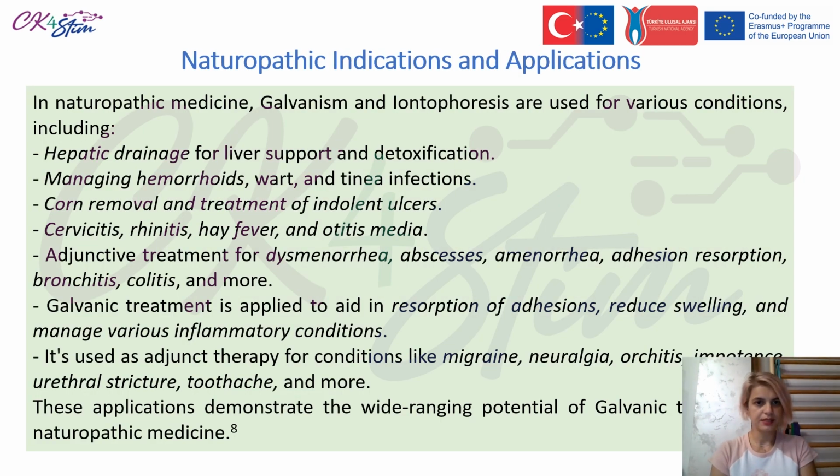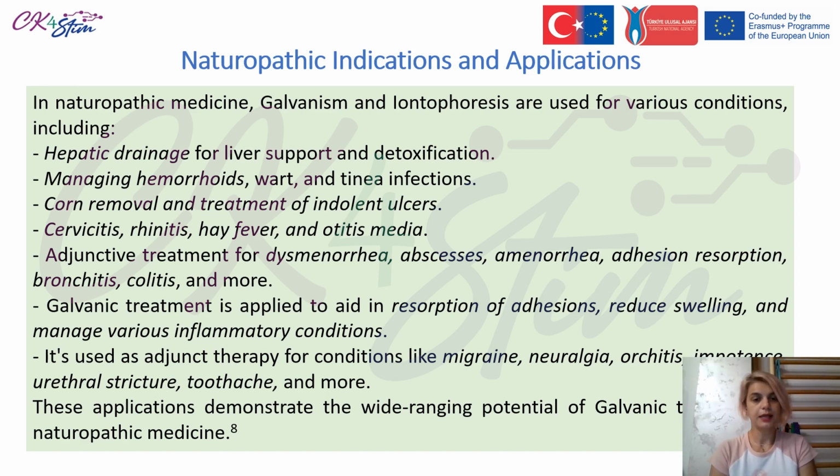Therefore, in naturopathic medicine, galvanism and ionophoresis are indicated and used for various conditions that include hepatic drainage for liver support and detoxification, managing hemorrhoids, corn removal and treatment of indolent ulcers, cervicitis, rhinitis, hay fever, otitis media. Also, it is used as a treatment for dysmenorrhea, abscesses, amenorrhea, bronchitis, colitis.